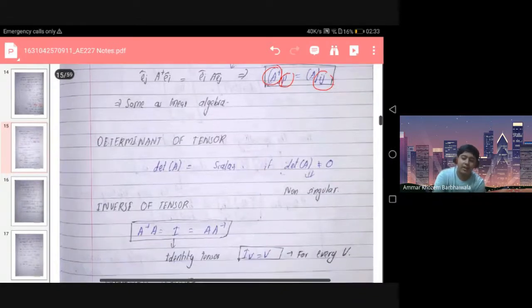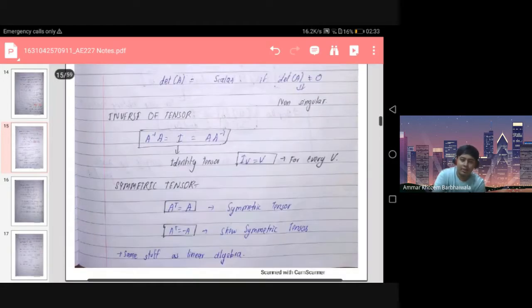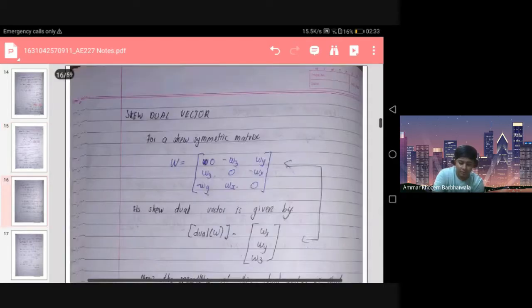The determinant of a tensor is equal to the determinant of the matrix, and that is a scalar. There's also the inverse of a tensor, and the concepts of symmetric tensor and skew symmetric tensor. It's basically the same: you have the matrix representation of the tensor, and you are just checking if it's symmetric, or if it has an inverse or a determinant, and so on.